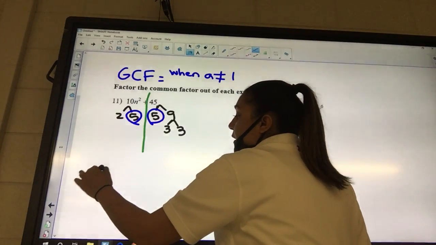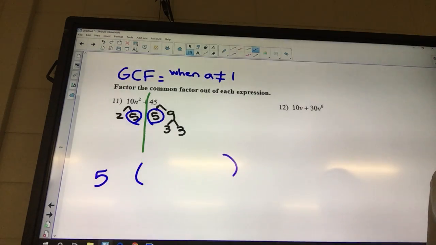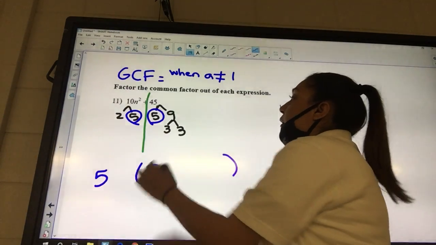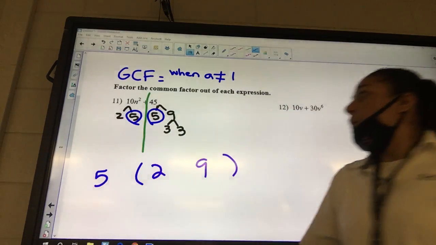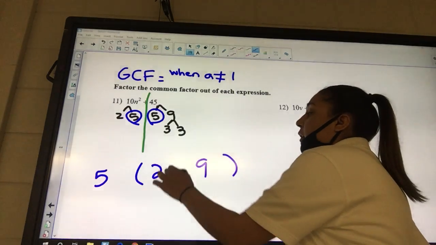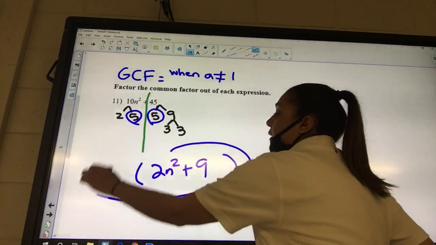Yep, so our 5 is going to go on the outside, parentheses. Good. 10 divided by 5, 2. 45 divided by 5, 9. What's next? The n squared. N squared, yep. We can't pull anything out, so n squared is going to stay, and the plus sign is going to stay.